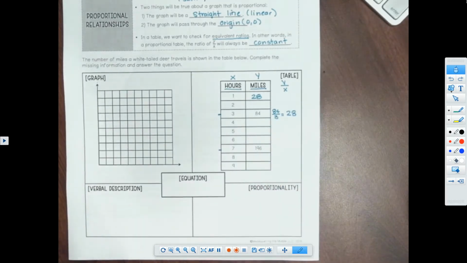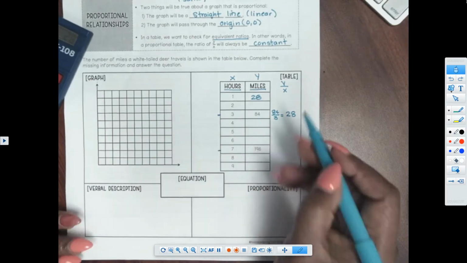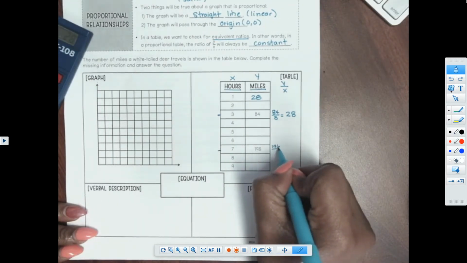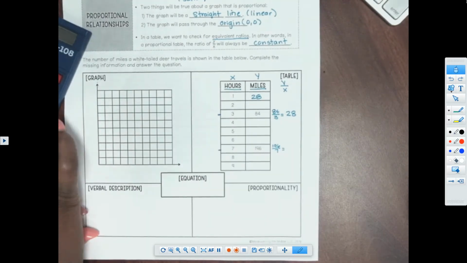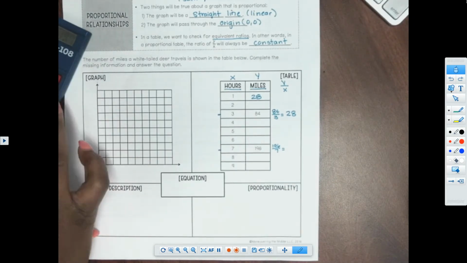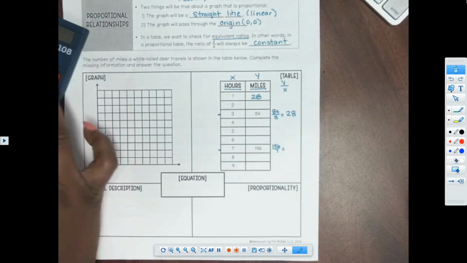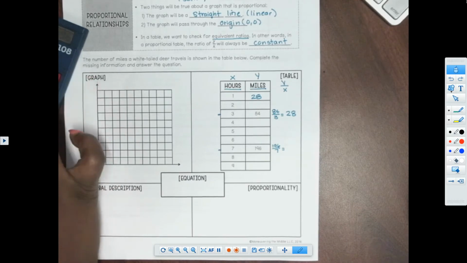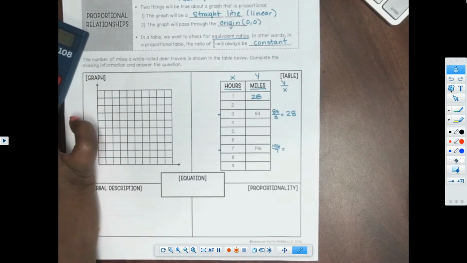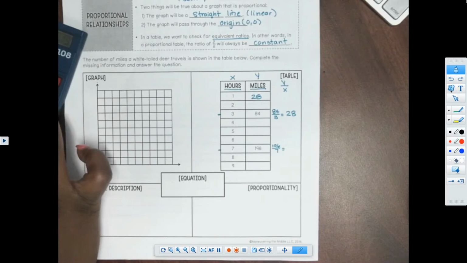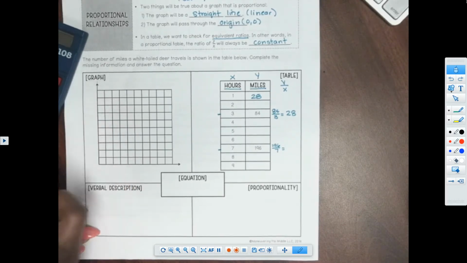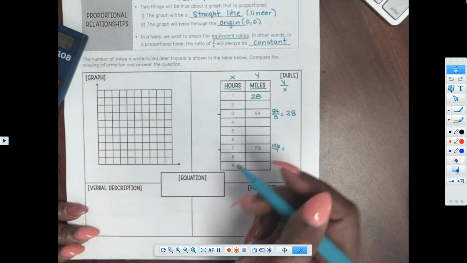We're going to double check though, so we're going to do another one. This is 196 over 7. If I divide 196 by 7, I get 28 as well. So that lets me know that my constant of proportionality is 28.